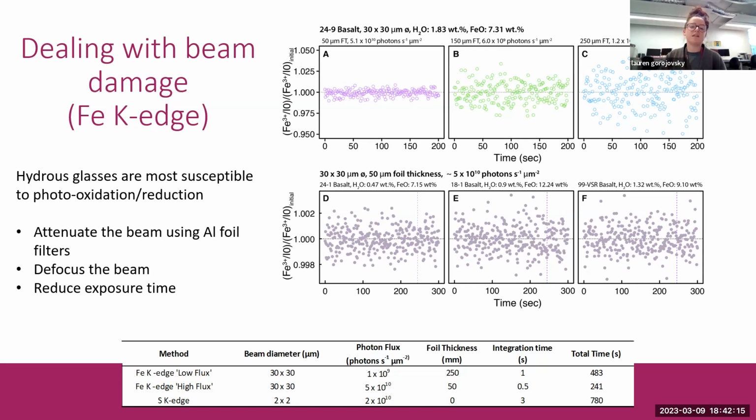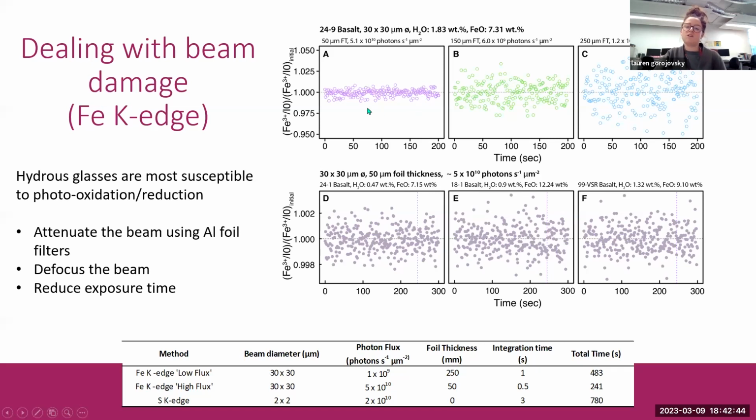For this study, what I did is I attenuated the beam using aluminium foil filters, I defocused the beam, and also reduced the exposure time to the sample, particularly for those that had water content. On the graphs over here, these are time series plots, showing you the relative intensity of the iron 3+ peak as the sample is exposed to the beam and how that changes with time.